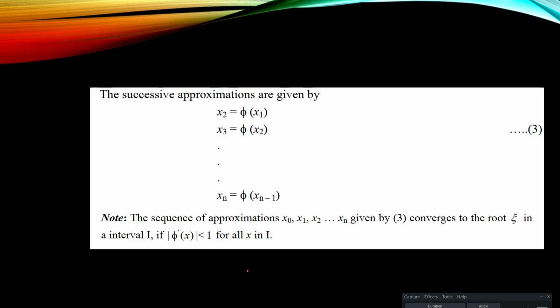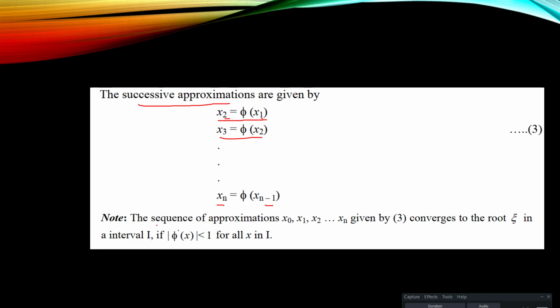So the successive approximations are given by x2 equal to phi of x1, x3 equal to phi of x2. Similarly, xn is equal to phi of xn minus 1, because the index is going in the decreasing way; n means n minus 1.